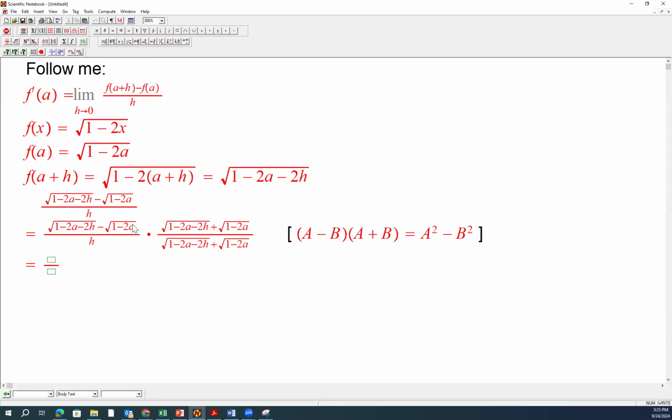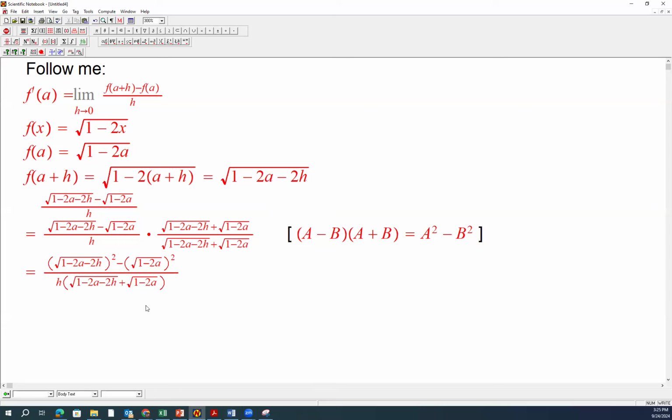So the numerator times the numerator, so we're gonna get a squared minus b squared. So this is a minus b, right? So a squared minus b squared. Denominator, so it's h multiply the whole of this sum. So we need a parentheses. Okay, we need a parentheses.